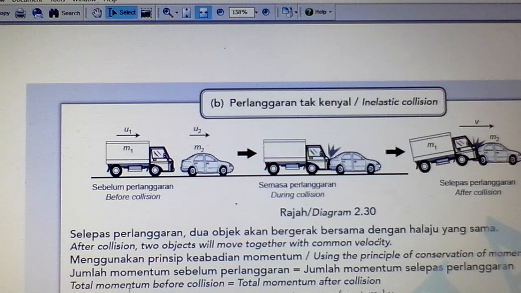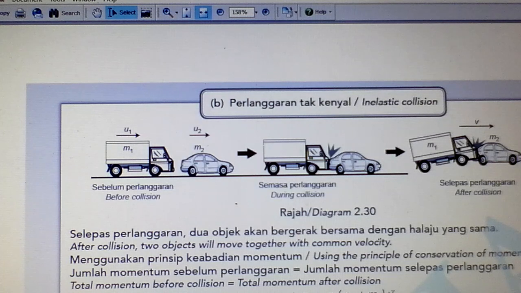Total momentum before collision equals total momentum after collision. So what we can write here, momentum of the truck before collision m1 times u1 plus momentum of the car before collision m2 times u2 equals, m1 and m2 stick and move together. This is like forming one new object with total mass of m1 plus m2.